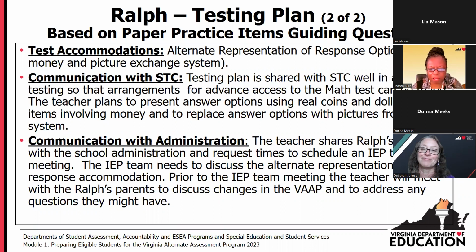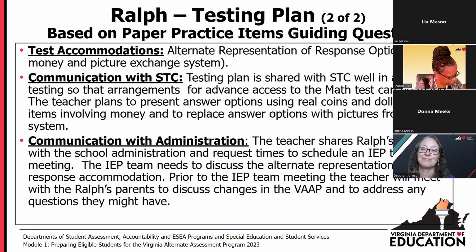And because the VAAP has changed so much, she wants to have the opportunity to discuss those changes before the IEP team meeting, and to give the parents a chance to ask questions and for her to provide answers for them. And of course, that meeting with the parents is likely going to make the IEP team meeting go a lot smoother.